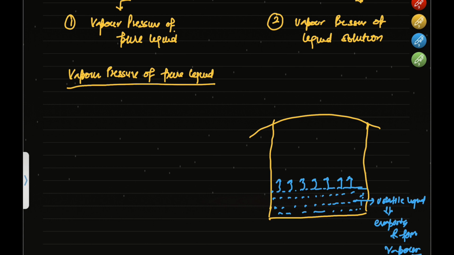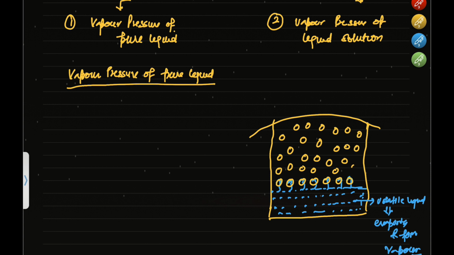Liquid converting into vapor, this phenomenon is called vaporization.